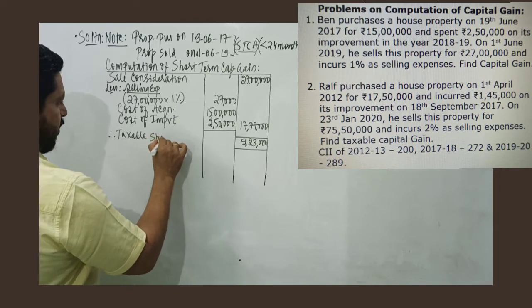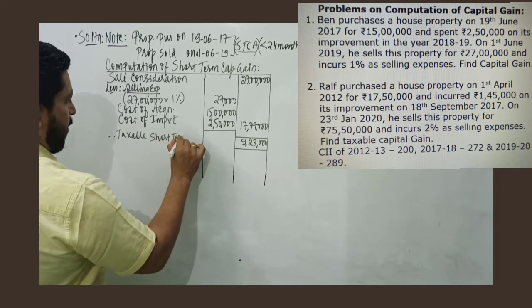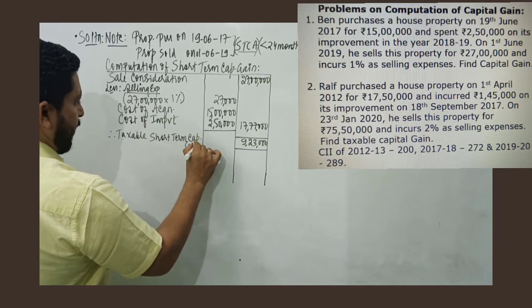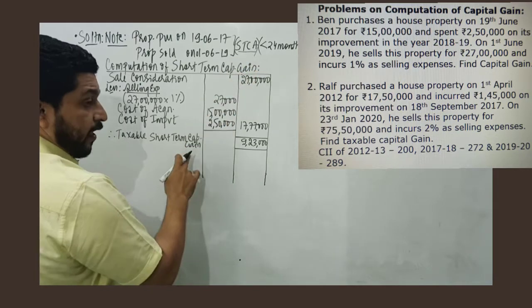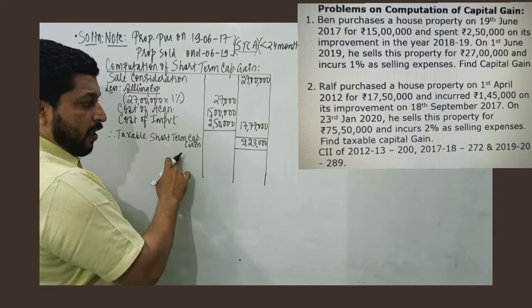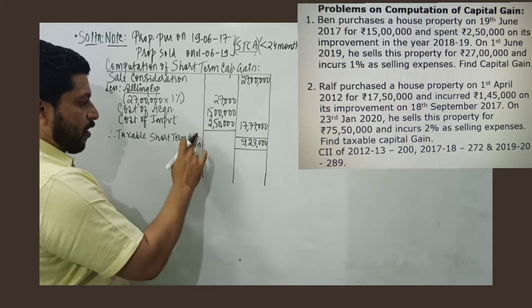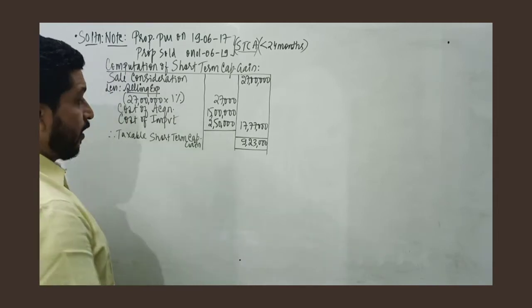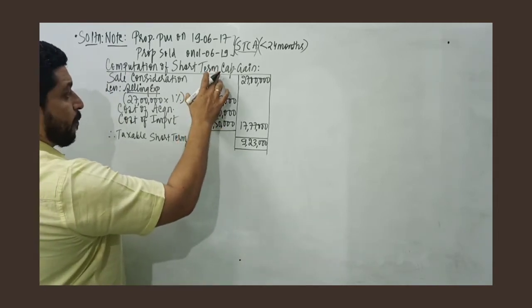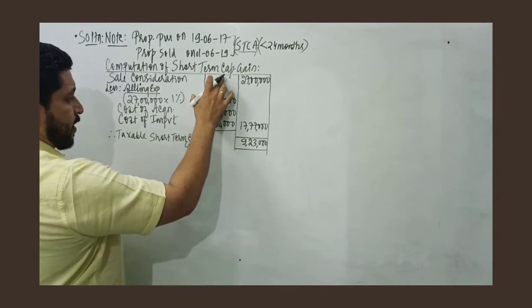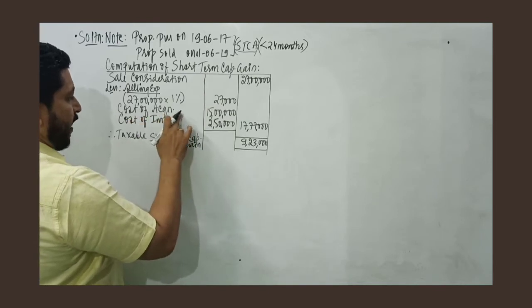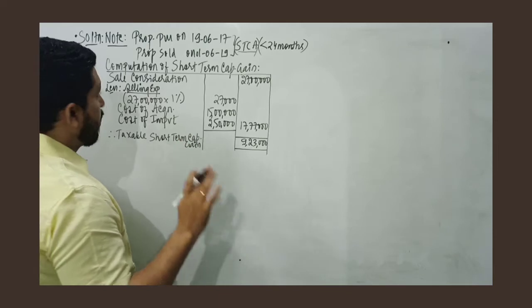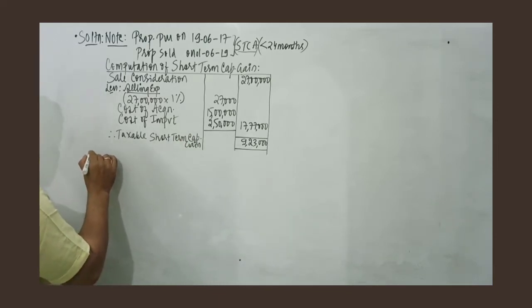We know very clearly that from a short-term capital asset, the resultant gain or loss will always be short-term. So we have short-term capital gain. I hope this problem is clear. So when we are solving a problem on a short-term capital asset, we take only the cost of acquisition and the cost of improvement. That's all. Let's move to the second problem.